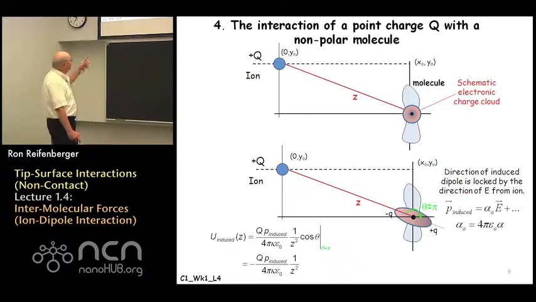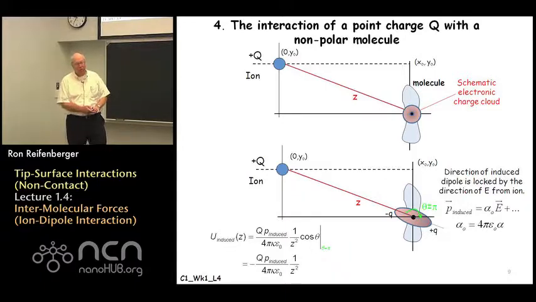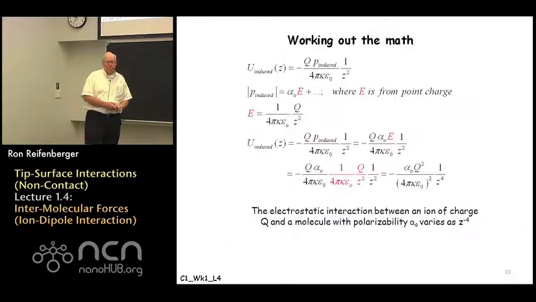This gives us an equation that allows us to calculate the interaction potential energy due to this induced dipole moment. You can see now P is labeled P induced to convey that the induced dipole is related to the polarizability alpha naught and the electric field E that the nonpolar molecule feels.